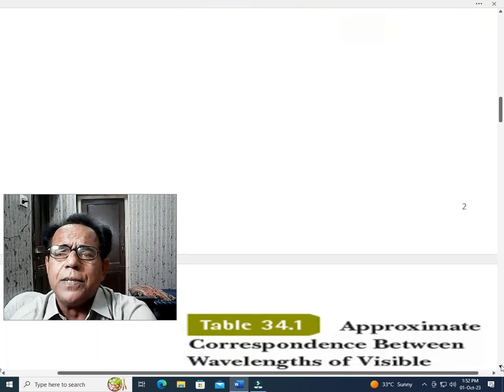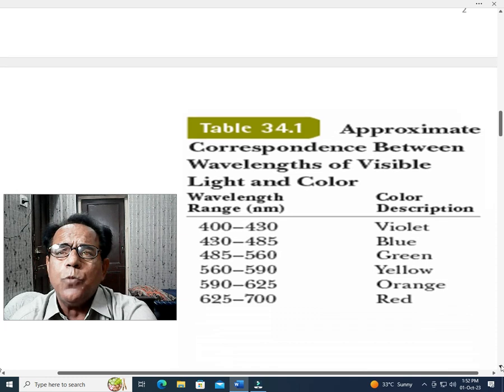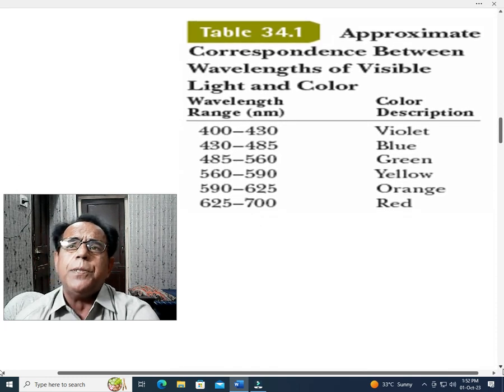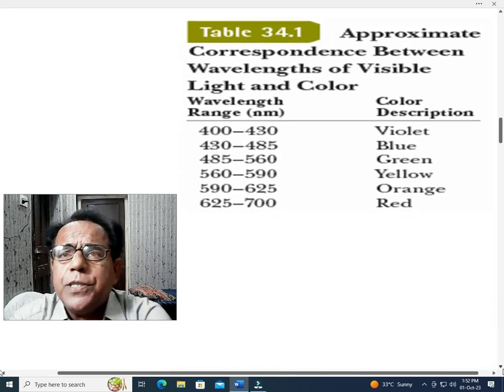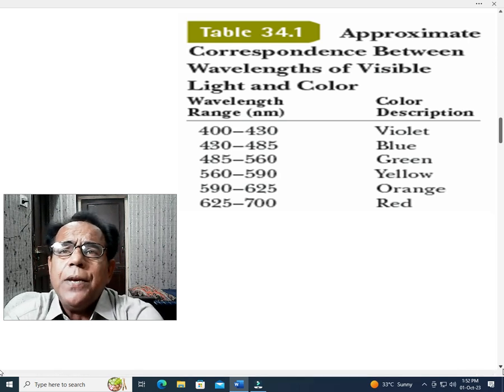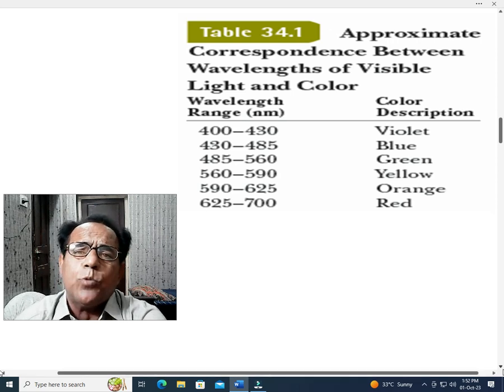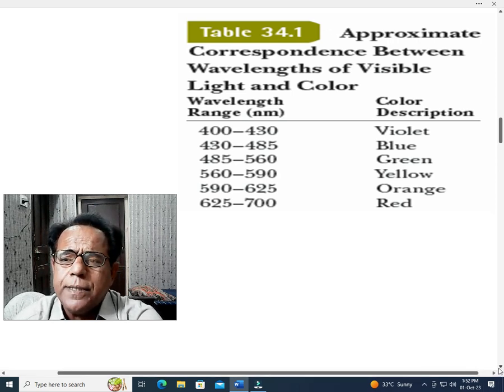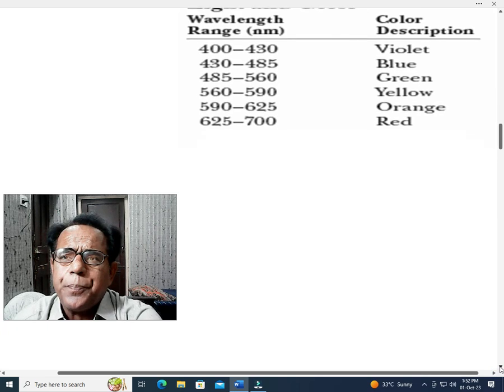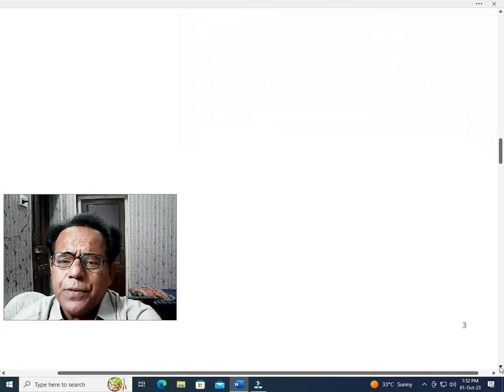This is another version of the spectrum: approximate correspondence between wavelengths of visible light and color. Wavelength range in nanometers, color description. Violet is from 400 to 430, while red is from 625 to 700.